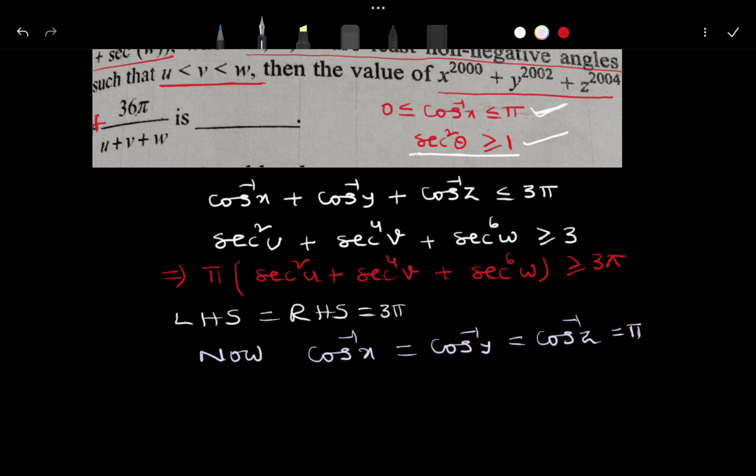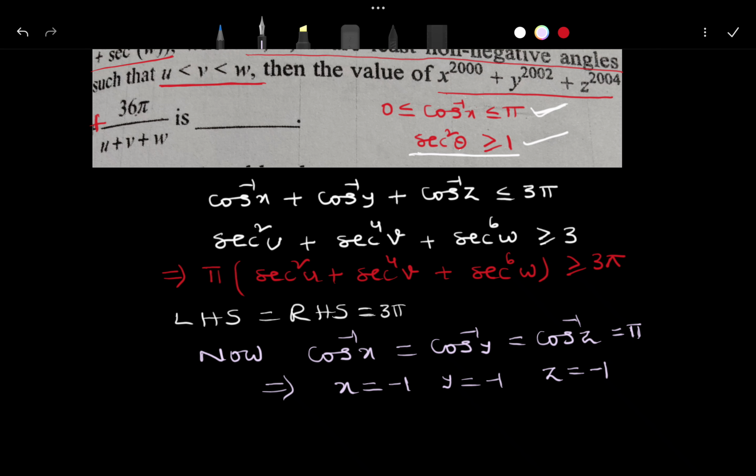Now first discuss: when cos inverse x, cos inverse y, cos inverse z are each pi, what are the x, y, z values? x is equal to -1, y is also -1, and z is also -1. And what is the value of secant square u?